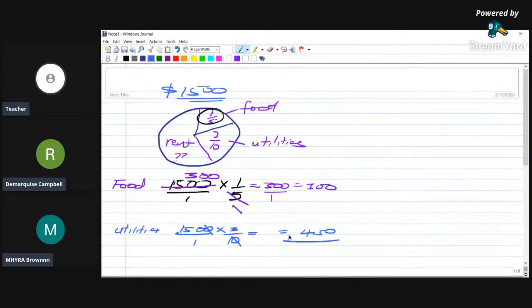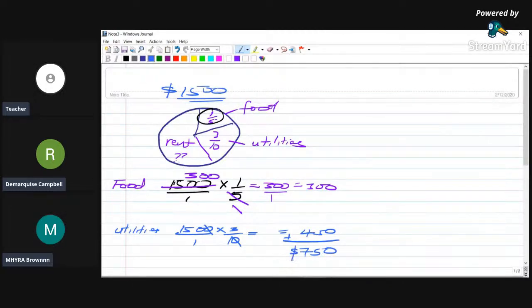If we add these two together, what do we get now? 450 and 300. What do we get? 750. Can't hear you, go again. 750. I'm not hearing you, say that again. 750. All right, good.